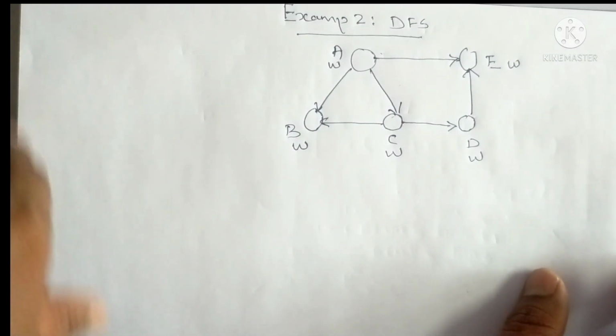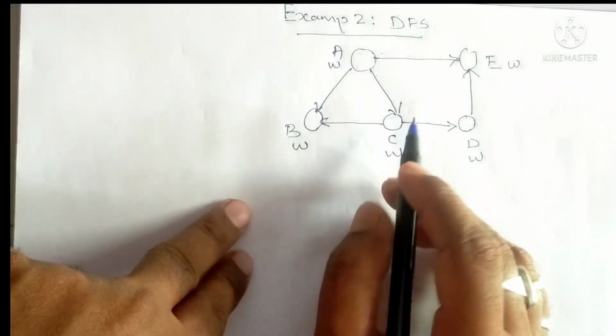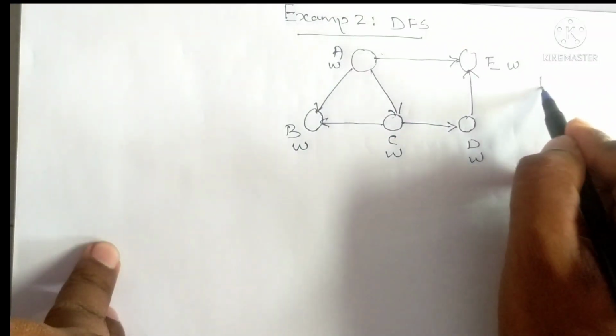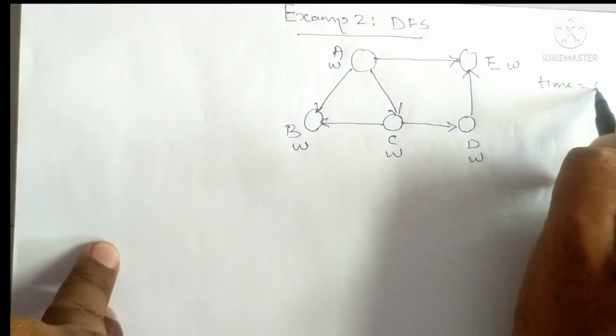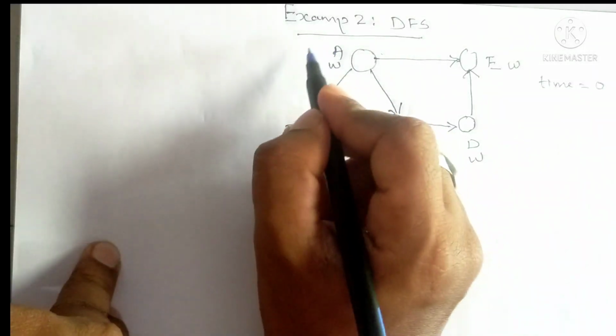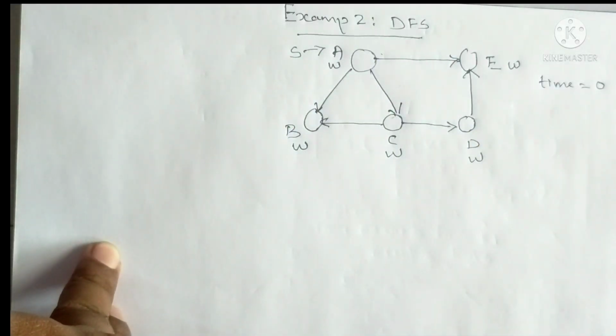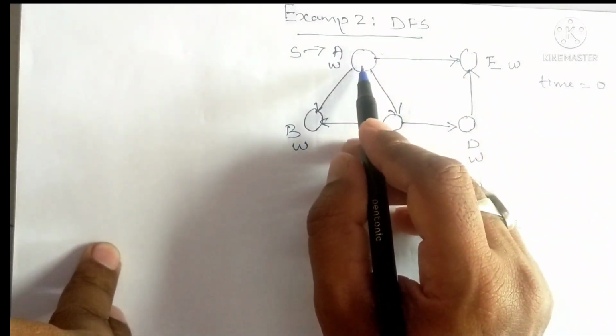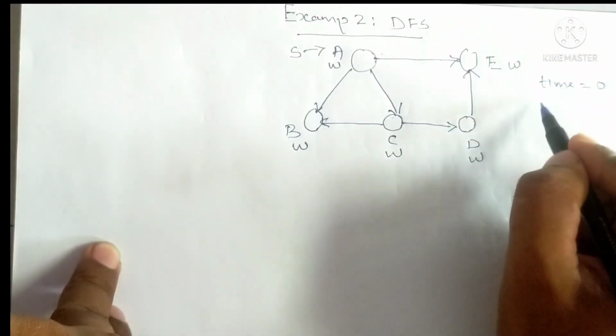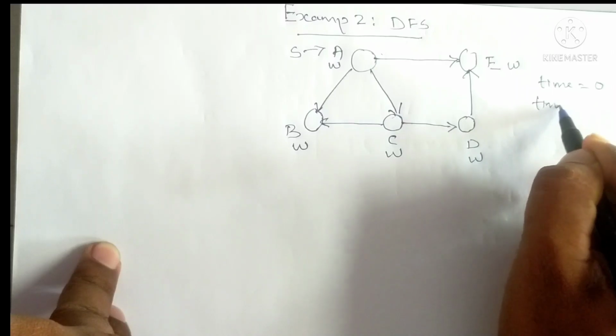Then next, what should we do? The next step is to assign the time value. So here I am writing the initial time value, that is 0. Let's say we are going to start from the source vertex A. If you are going to start from source vertex A, assign the starting timestamp. The starting timestamp is the previous time plus 1.